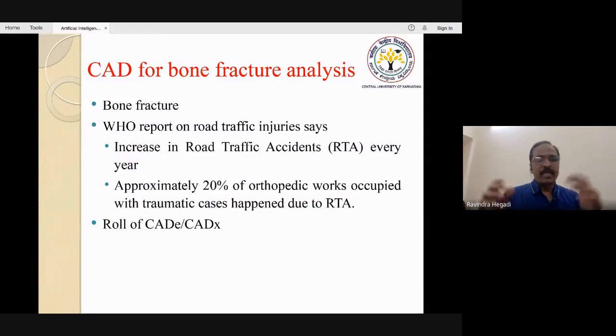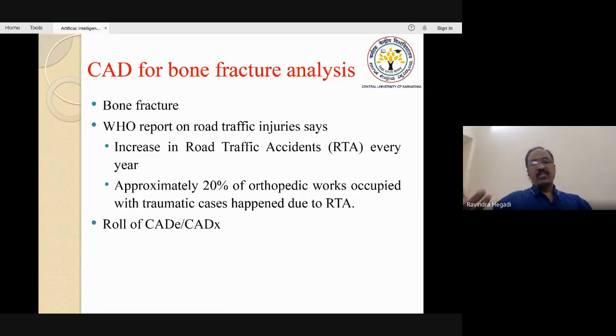Bone fracture may happen at any place. It may be our leg, the fingers, the hand, or it may be the head, the back, the chest bones. It can happen anywhere, depending on what part touches the earth.